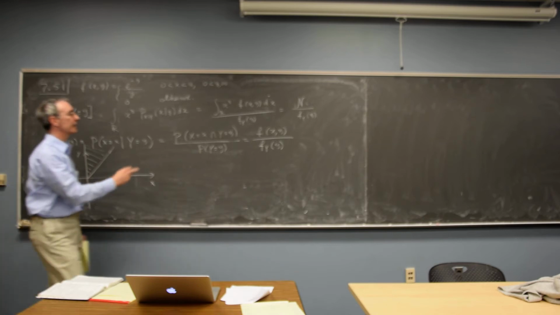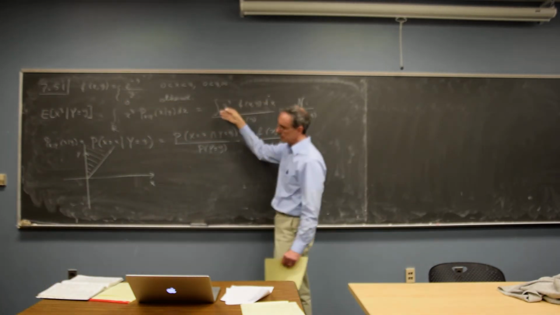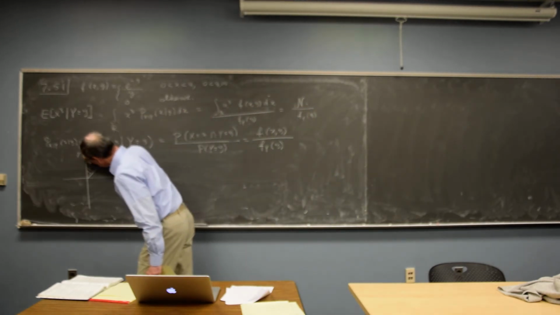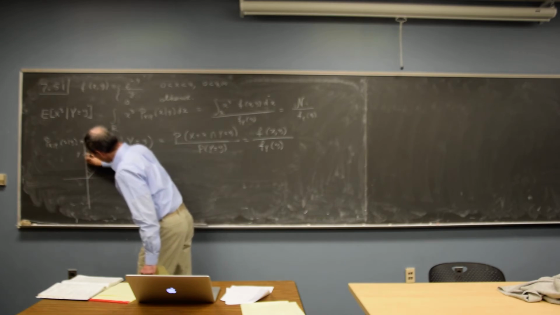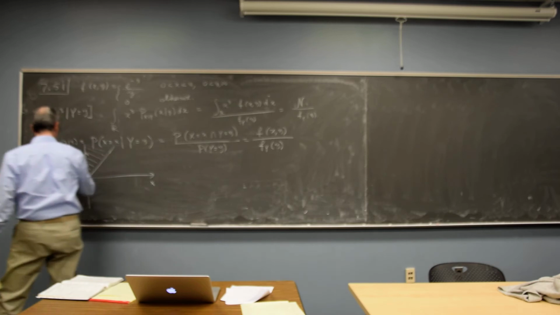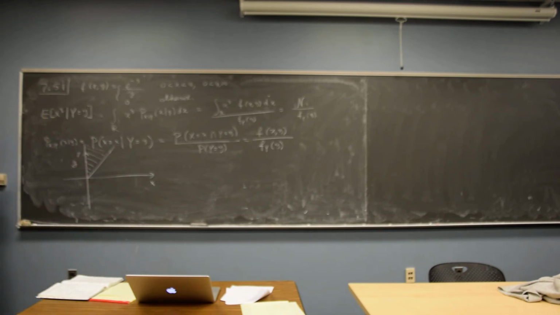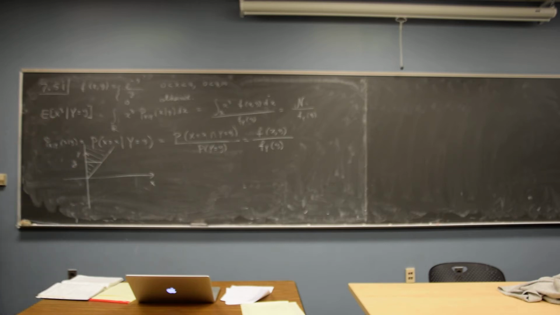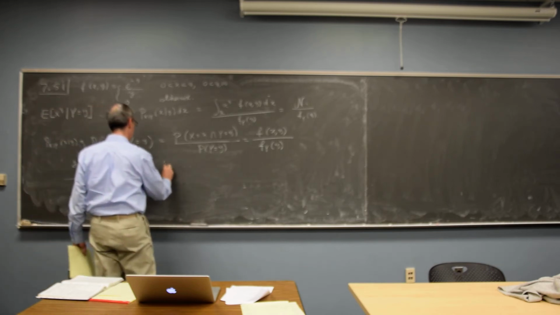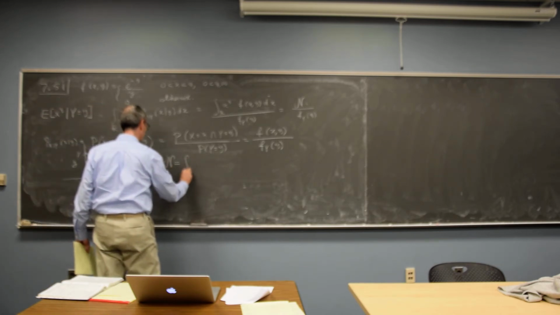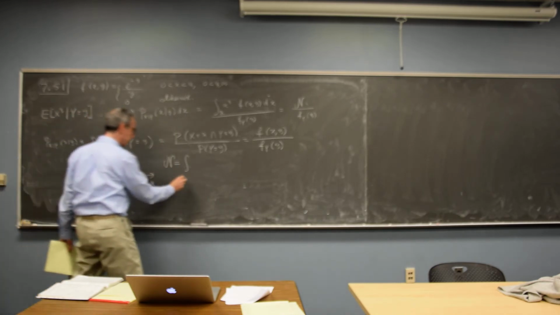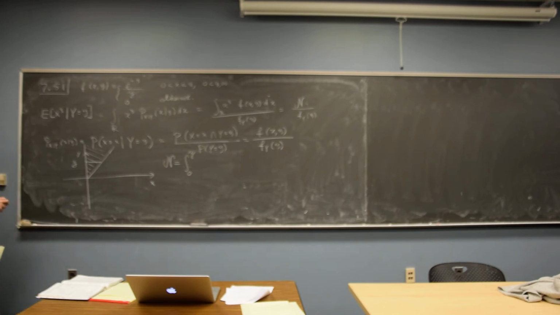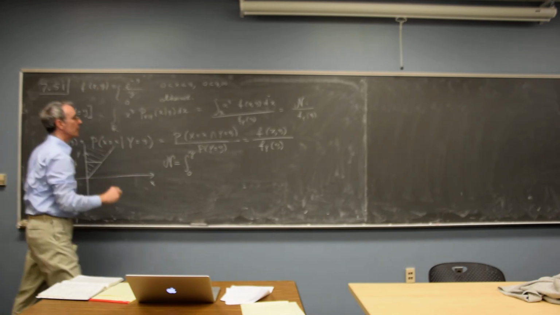So we integrate in x. In principle, we integrate from minus infinity to plus infinity. In practice, it's non-zero only here. So y is fixed. You fix a value of y, and you integrate in x. So the numerator here is the integral from 0 to y of this quantity times x cubed.